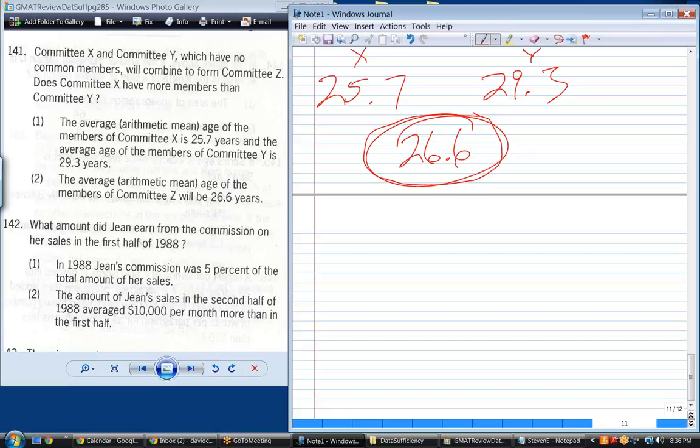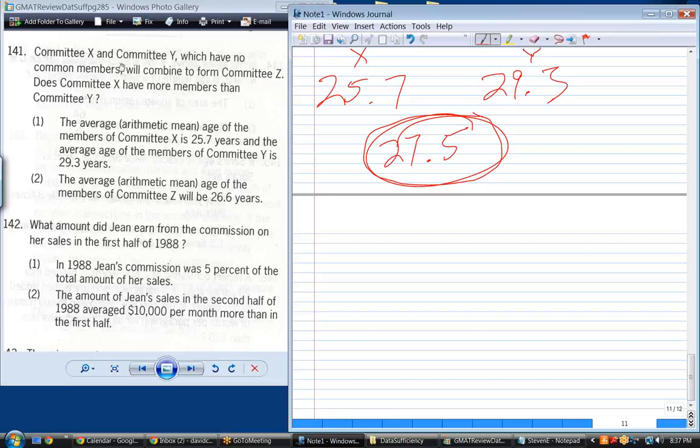It can either be that the ages are very low, or there are more members. Let me ask this question. What's halfway in between there? That's 3.6, so 1.8. So if I said the average age was this, which is exactly halfway between, remember what the stem says.